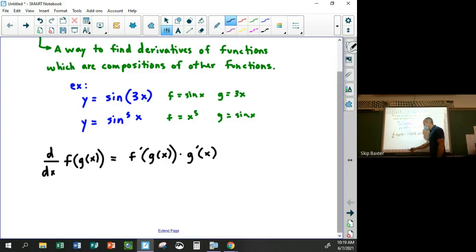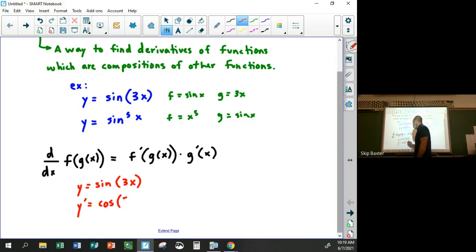So, for the 2 examples I've given so far, if you have y equals sine 3x, essentially what you're going to do is take the derivative of sine, but evaluate it at 3x. So you're going to take cosine of 3x times the derivative of g of x, which is the derivative of 3x. 3.